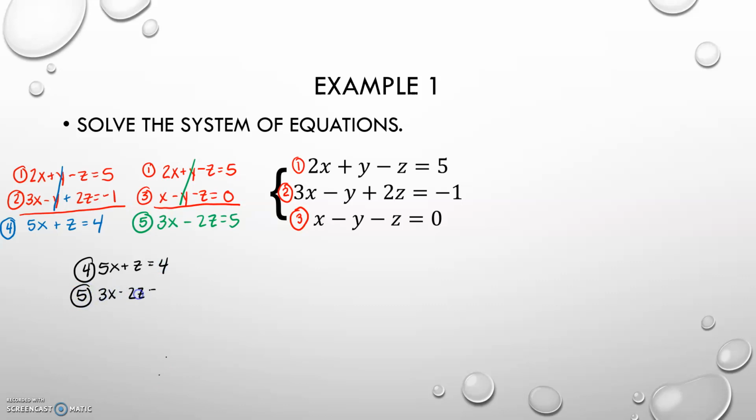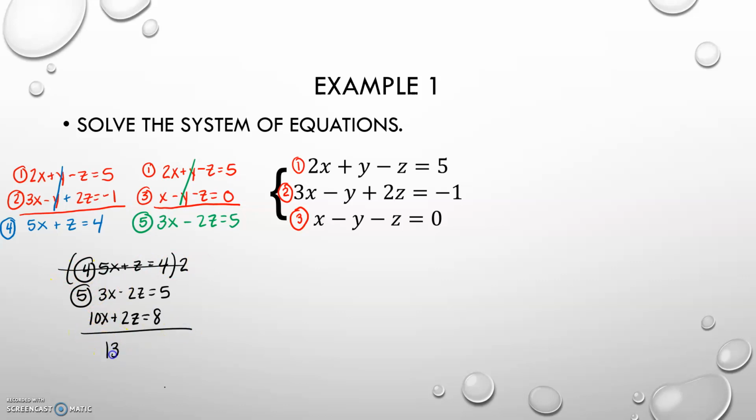So looking at this, which variable do you think would be best to eliminate? Personally, I would go with z, because all I have to do is multiply this first equation by +2, and they will cancel out. And I'm going to get 10x plus 2z equals 8. So I did that. And now I'm going to combine them.